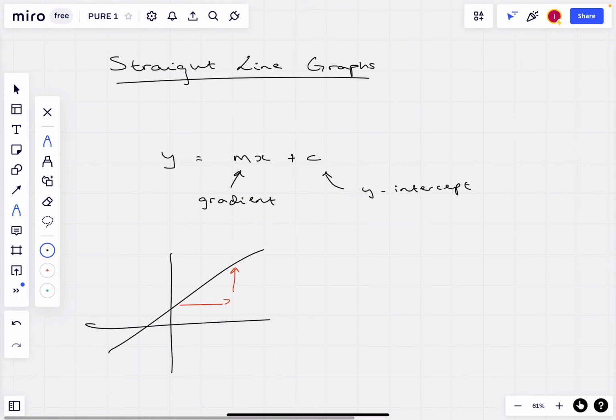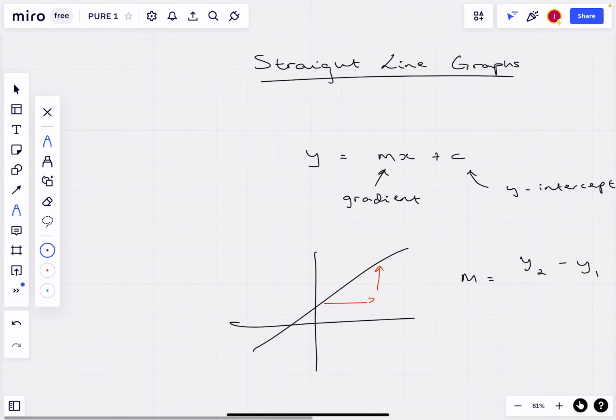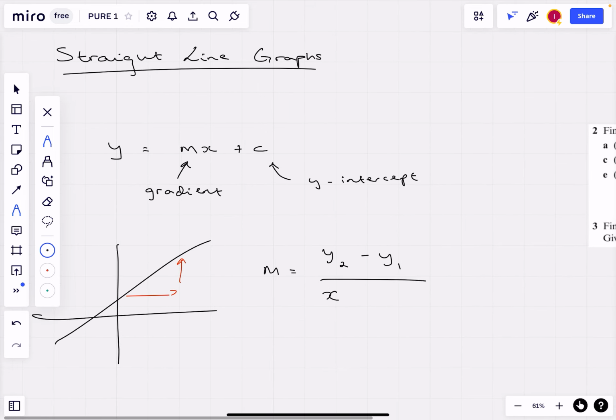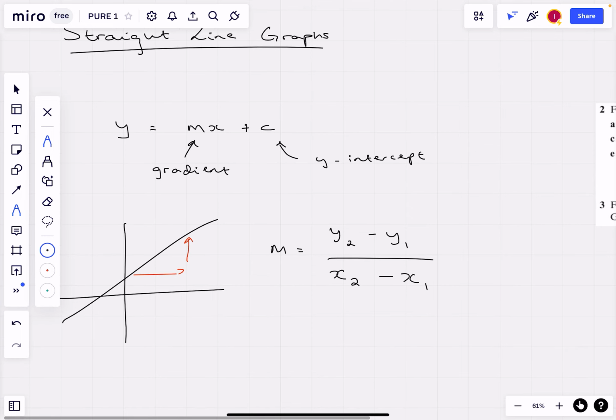So if you're trying to find the gradient of a line, you're going to do y2 minus y1 over x2 minus x1. y2, y1, x2, x1, those are just two coordinates.